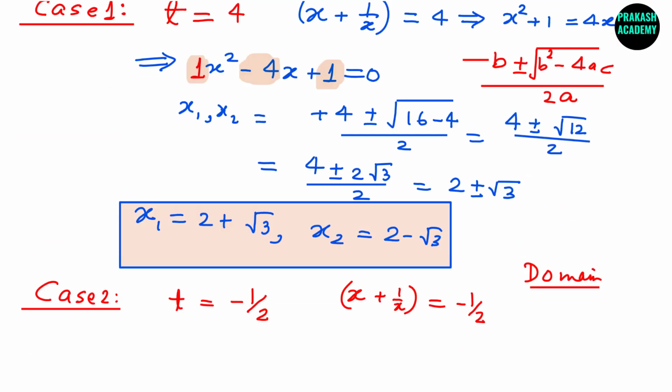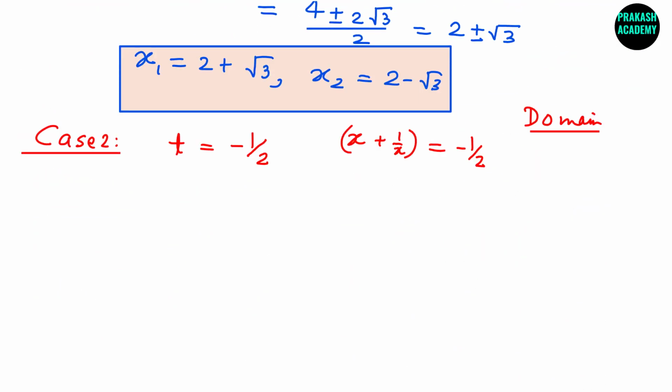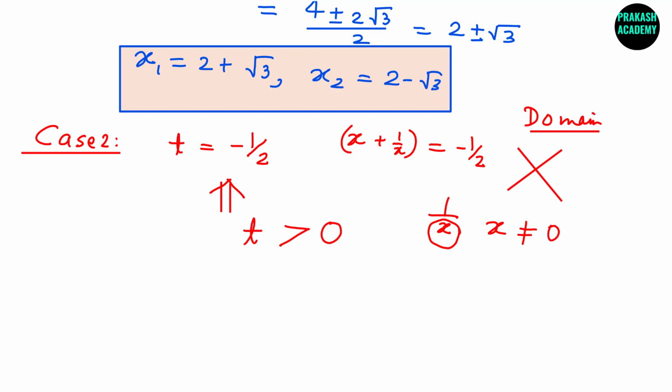So this means I can say this case is not possible, because in this case you have t negative, but we need only positive values of t, that is t greater than 0. x cannot be 0 also, because this is 1 by x, and this is defined only if x is not equal to 0. So this means t cannot be 0, x cannot be 0 also.